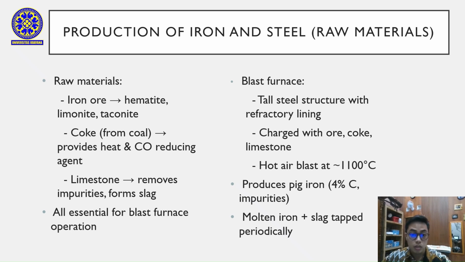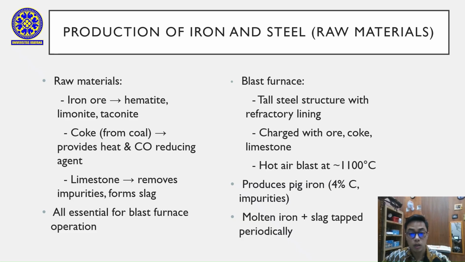The iron making process takes place in a blast furnace. This is a huge steel structure lined with refractory bricks, about the height of a 10-story building. The charged mixture of ore, coke, and limestone is dumped at the top, and preheated air at about 1100 degrees Celsius is blown into the furnace through the tuyeres.